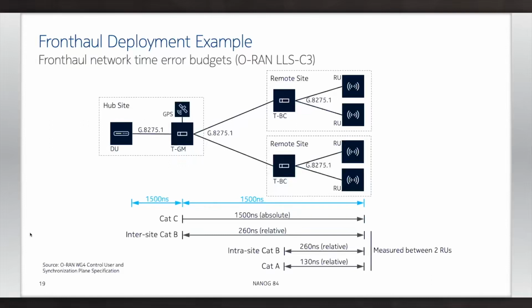And last, for fronthaul, in the C3 deployment, the main point of this slide is to show that the real requirement for fronthaul is to synchronize the RUs and not necessarily the DU. The DU has a looser synchronization requirement. We typically say it also needs 1500 nanoseconds.